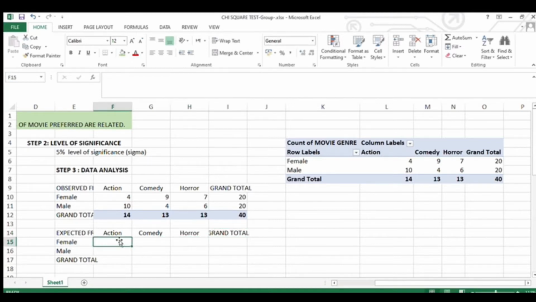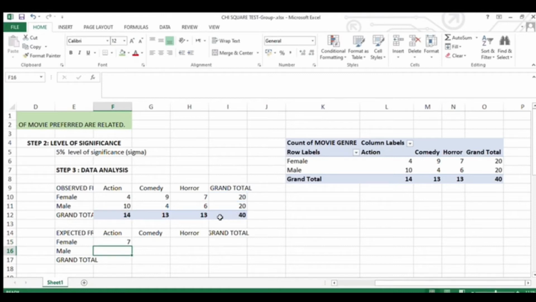To find the value of expected frequency, you multiply the grand total of a row with the grand total of column and divide it with the grand total of observed frequency.